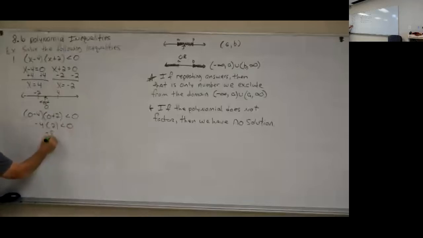So that's going to be negative 8 is less than 0. True or false? That is true. So since this is true, we're going to shade where the 0 is located. 0 is right in the middle, so I'm going to shade that middle section.